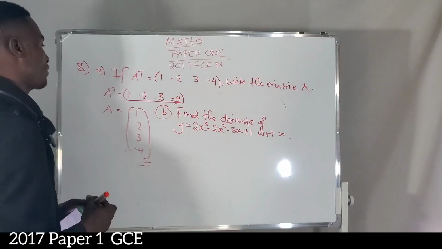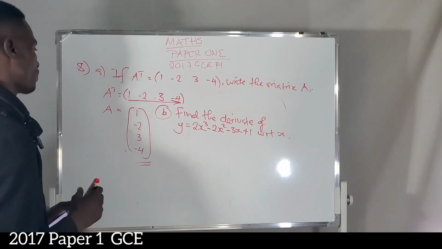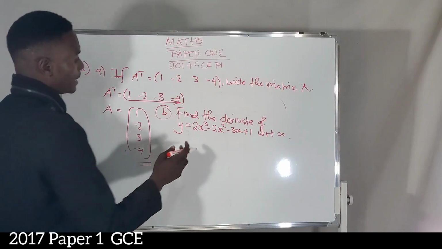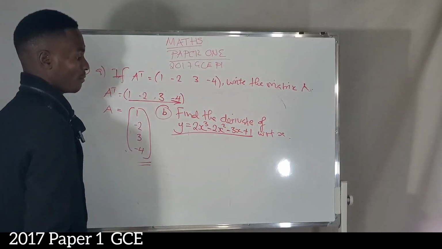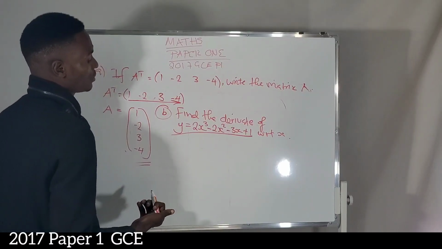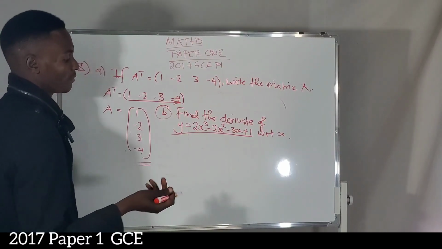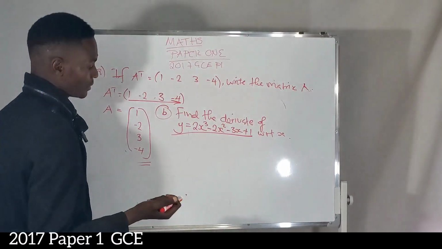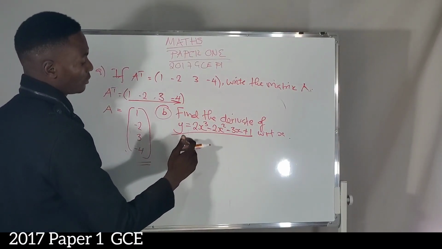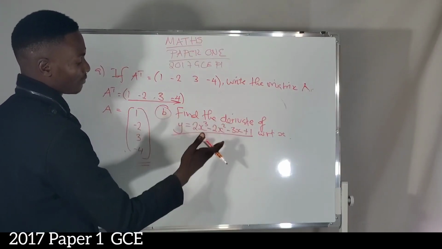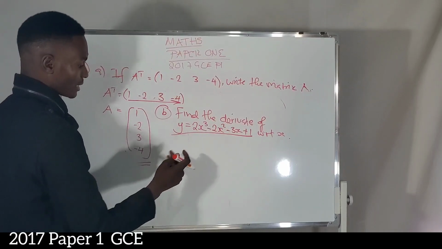This is differentiation. This is calculus. So what you do, first you check if this equation is in standard form. Standard form means that the powers are not negative or fractional powers, or else you first change to a normal power, then you can start solving.